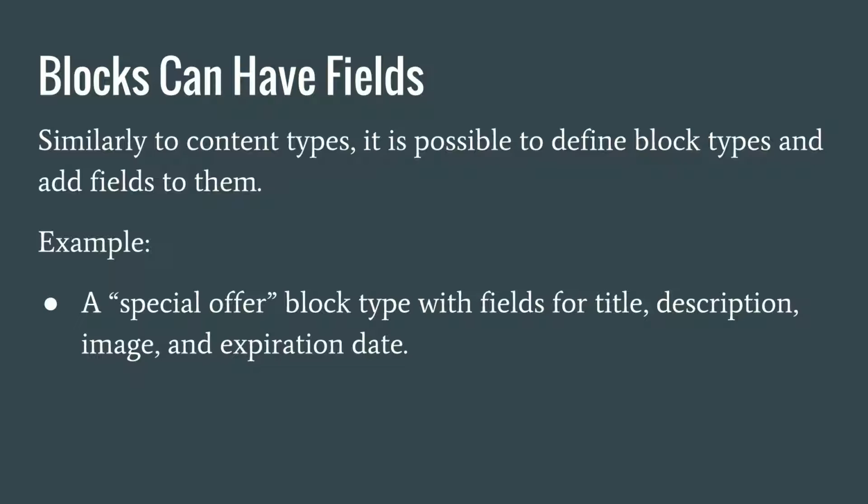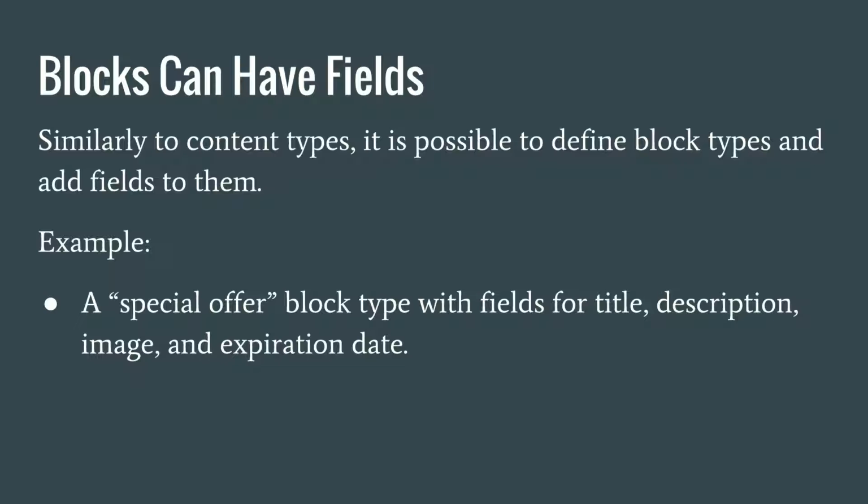And this is new in Drupal 8. In D7, it was also possible with a module called Bean, but in Drupal 8, this comes out of the box. Blocks can have fields. So in the same way that content types can have fields, now blocks can also have fields. For example, you can have a special offer block with the following fields: a title, a description, an image, and an expiration date.